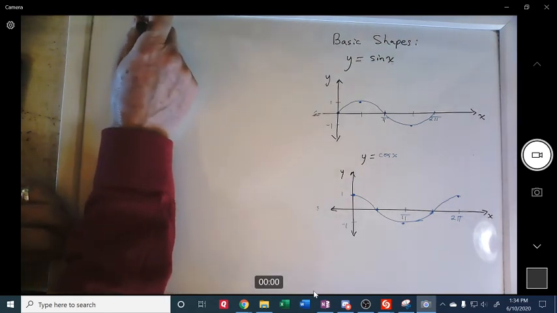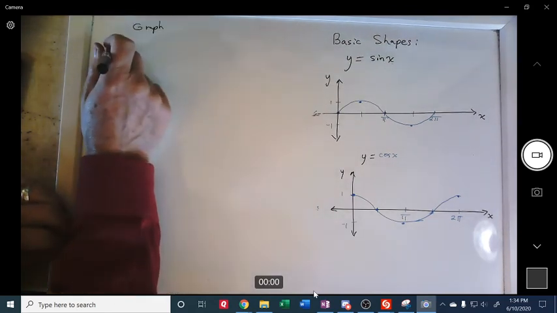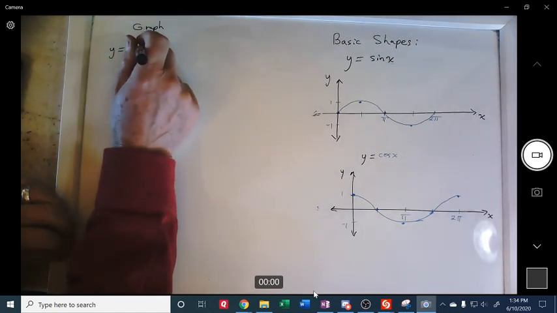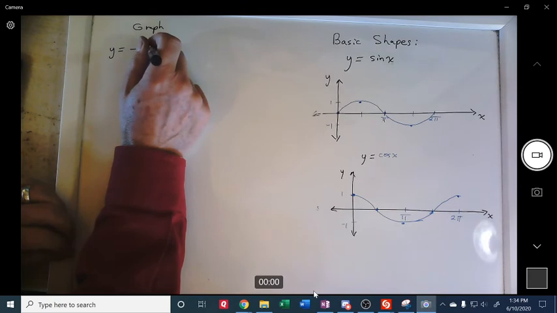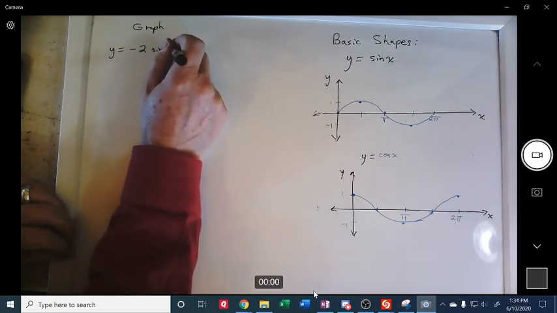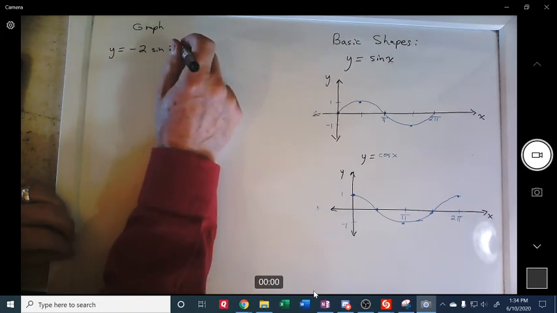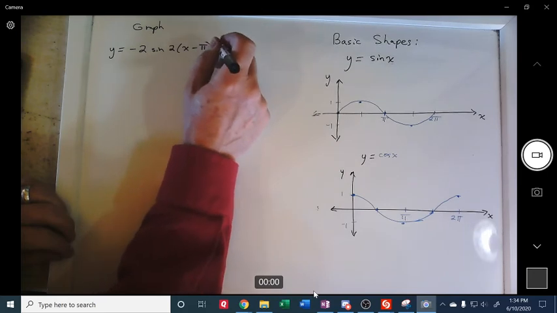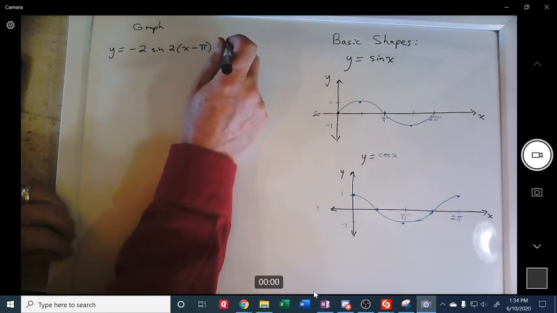Suppose we were told to graph y equals negative 2 sine of 2 parentheses x minus pi, plus 1.